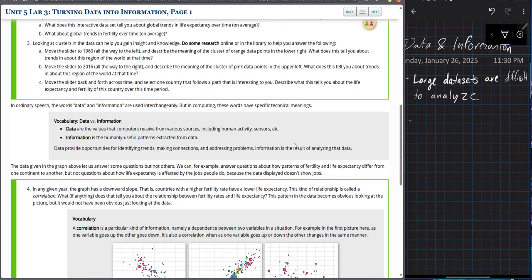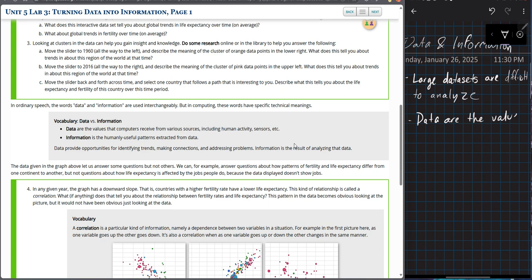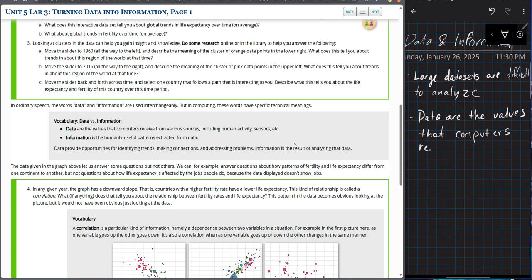So make sure you write this down. Data are the values that computers receive from various sources.